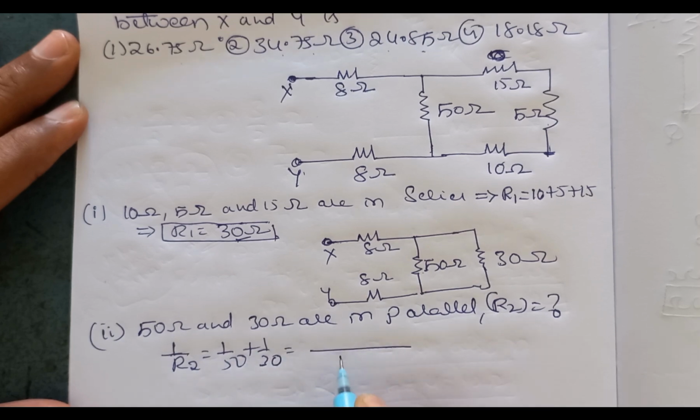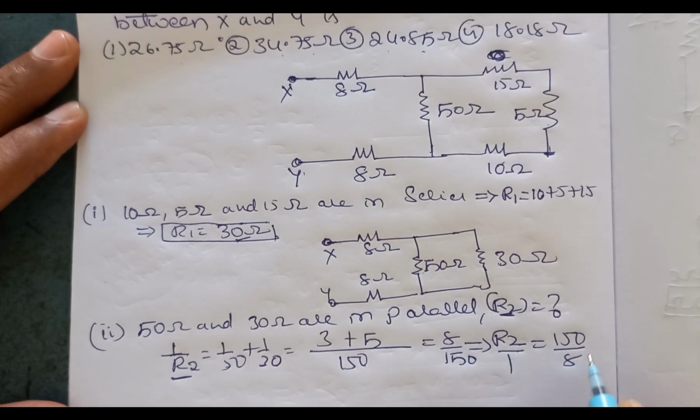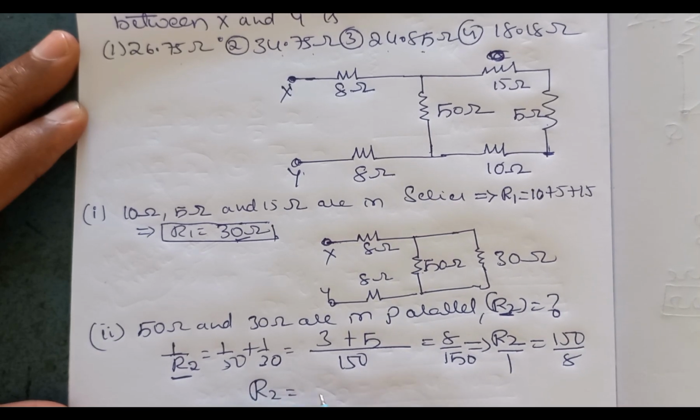LCM is 150, 3 plus 5, that is 8 by 150. But we want R2, and here 1 by R2 is calculated. So taking the reciprocal, R2 is 150 by 8.